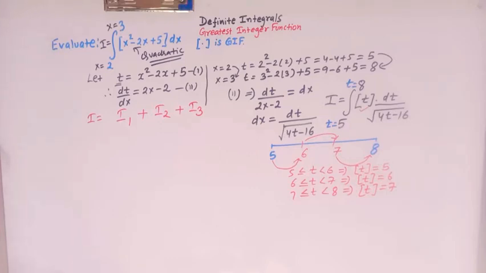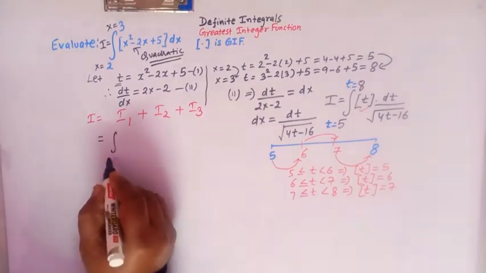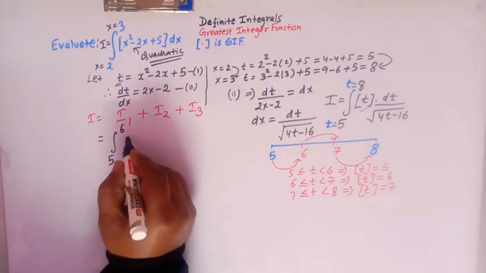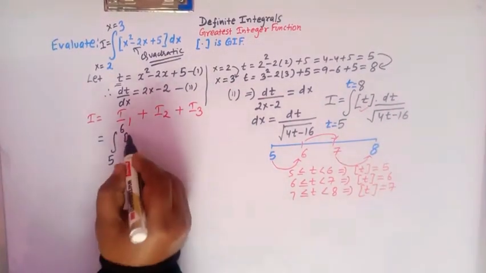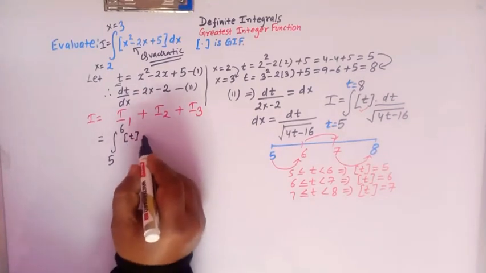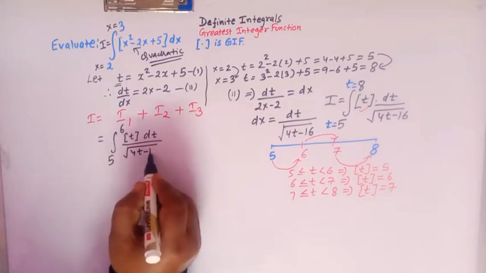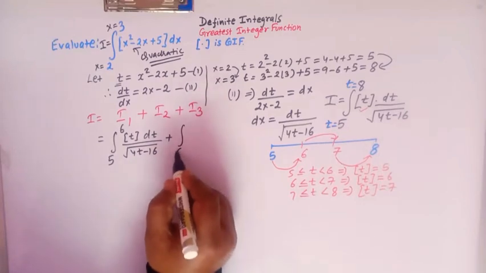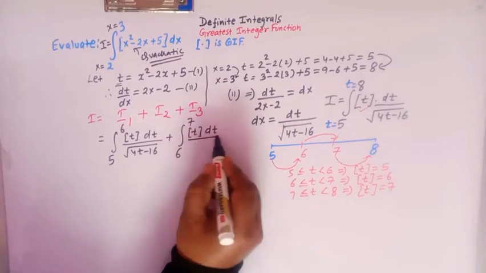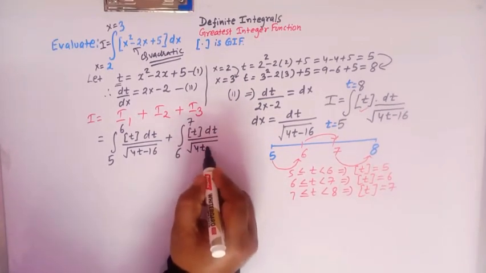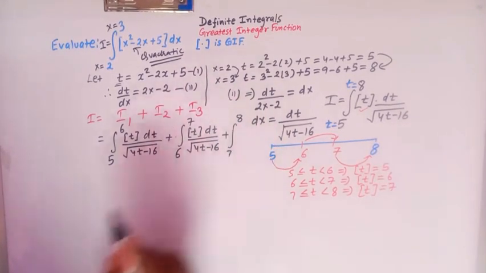I1 can be written as the integral from 5 to 6, and for greatest integer t we can write 5, but let us write this way. So we have here this integral, right? And I2 is from 6 to 7, we have greatest integer t dt over square root of 4t minus 16, and I3 is from 7 to 8, right?